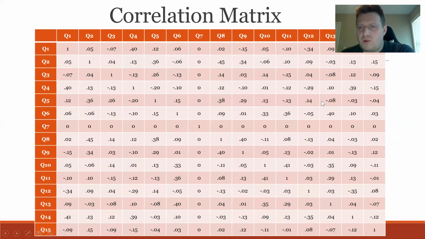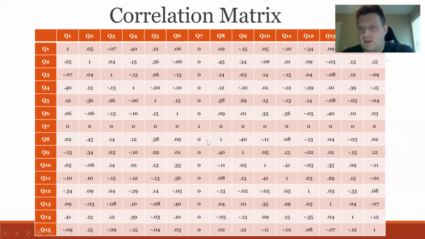So we're going to put all of these correlations in what's known as a correlation matrix, and this is going to look like a hot mess. And here it is, kind of a hot mess, but we look at the correlations between question 1 and questions 1 through 15. We have every single correlation on this matrix, and we're going to use this to do factor analysis.